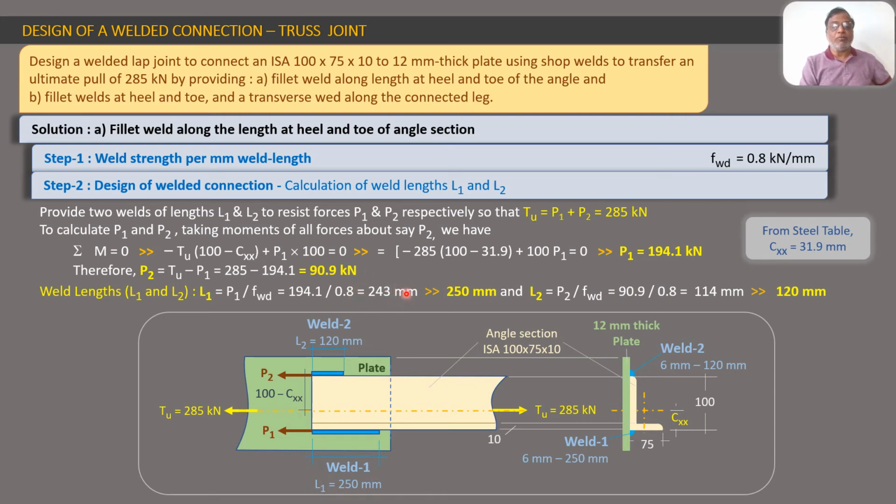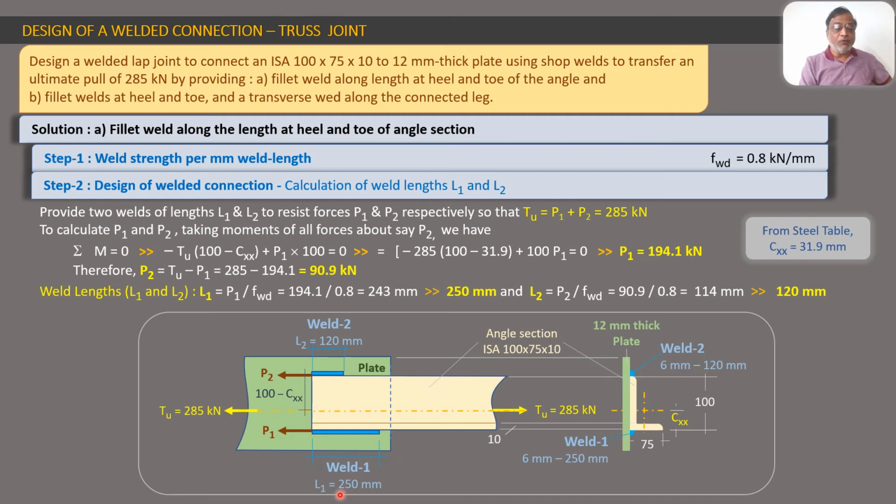We know that it is not possible to provide 243 mm on site, and that is why it is rounded off to 250 mm, the nearest multiple of 10. Similarly for L2, you have to resist only 90.9, so 90.9 upon 0.8 gives 114 mm, rounded off to 120 mm.